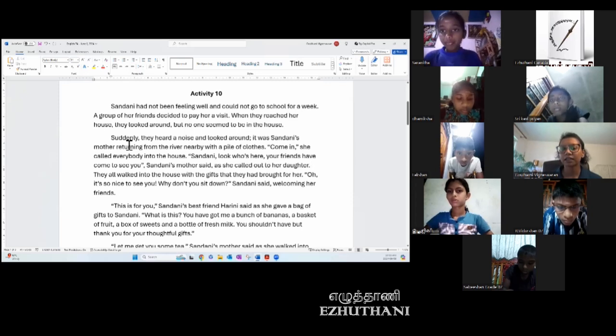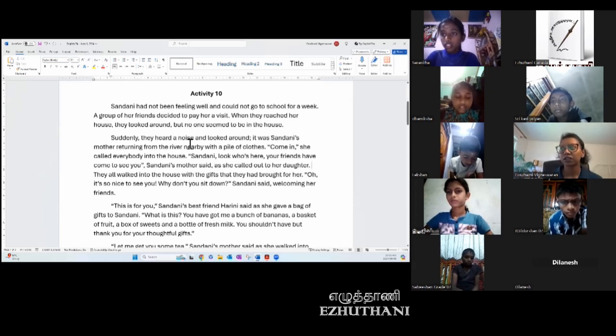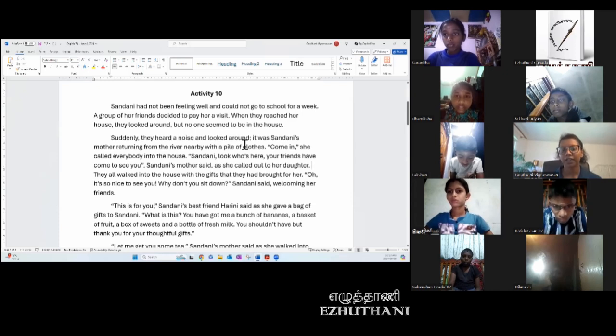Suddenly, they heard a noise and looked around. Okay, good. Can you read the whole sentence now? Suddenly they heard a noise and looked around.